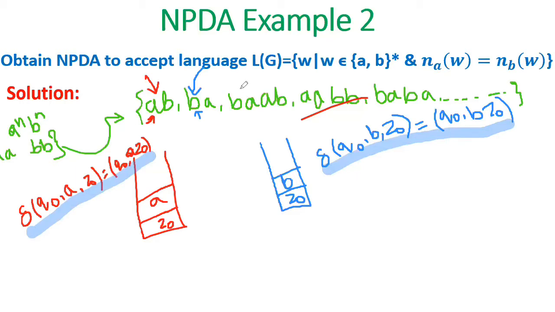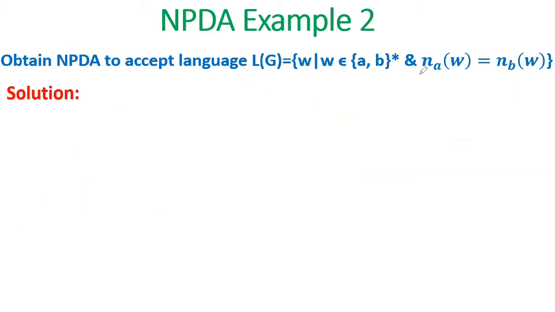So for example, let me take any string. Let the string be A, A, B, B. You can check here, you have equal number of A's and equal number of B's here.